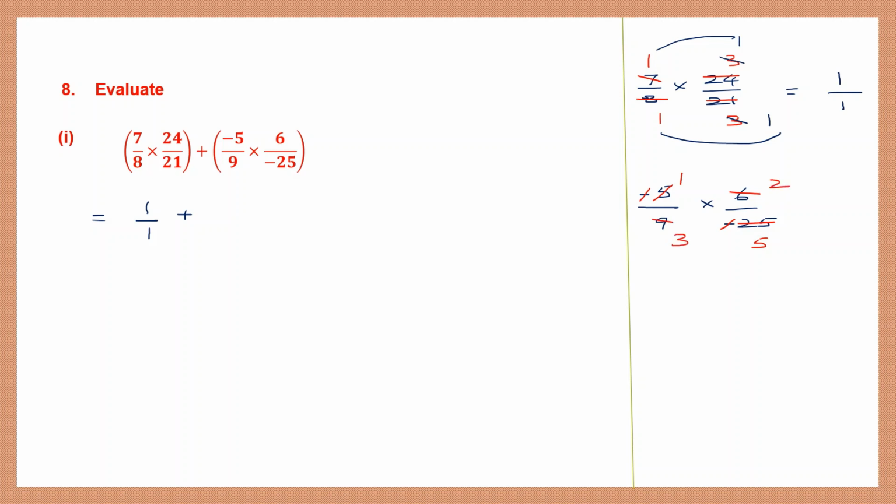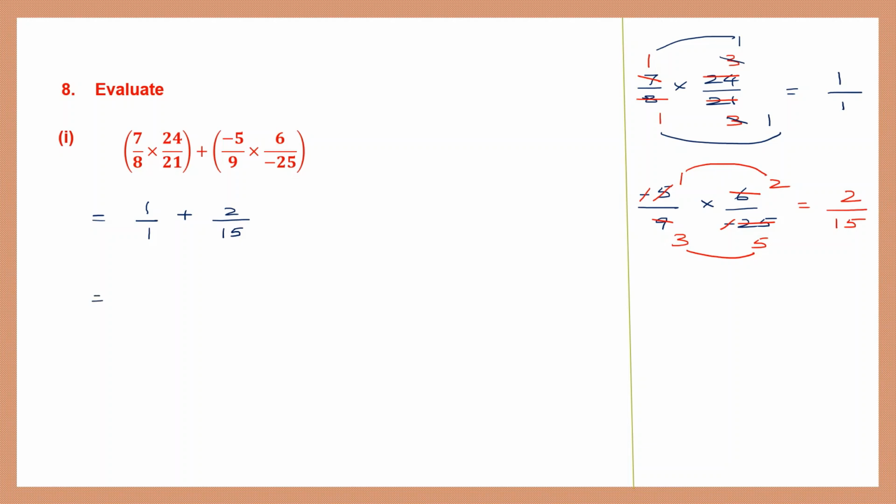Anything else to be cancelled? That's it. So we can multiply the numerators. 1 into 2 is 2. And in the denominator we have 3 into 5. 3 5s are 15. So what do we have here? 2 by 15. Let's write it down. 2 by 15. So the first one is 1 by 1. Second is 2 by 15.